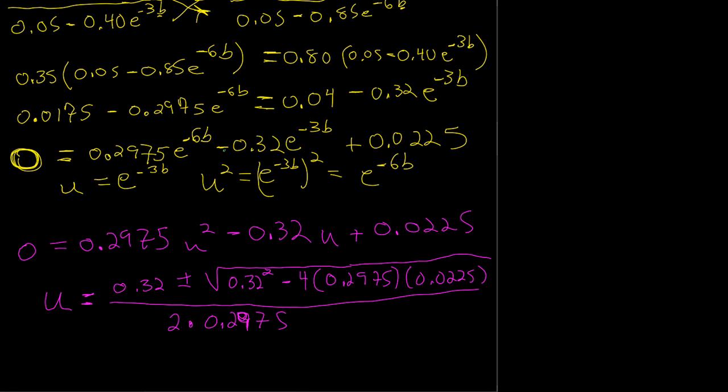All right, so I'm going to try my calculator version here. 0.32, I want to do the addition first, plus the square root of 0.32 squared minus 4 times 0.2975 times 0.0225. Oh, did I forget my square root key? No, I did not. Good.